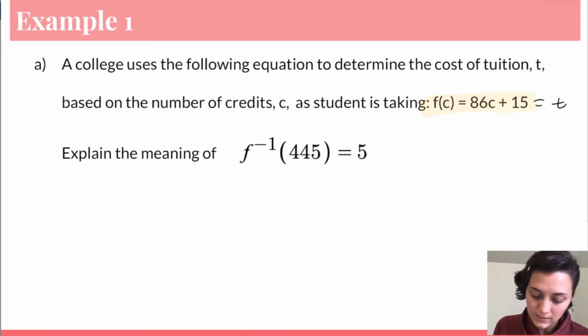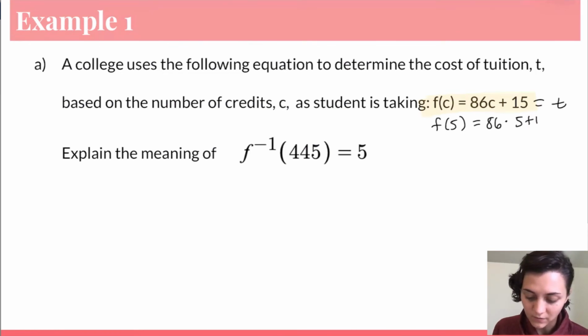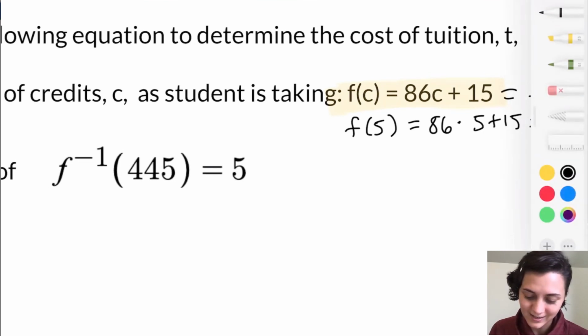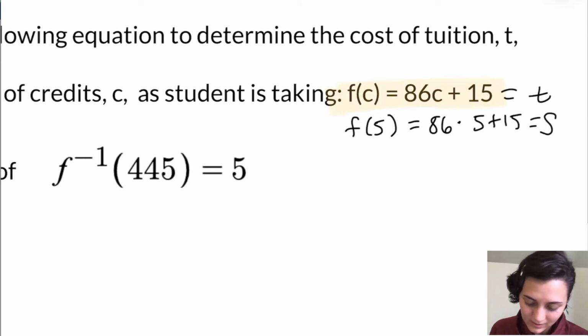So for instance, if I take 5 credits, that would be 86 times 5 plus 15. That equals $445.